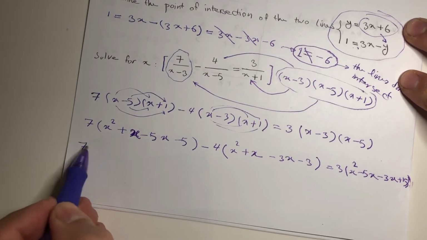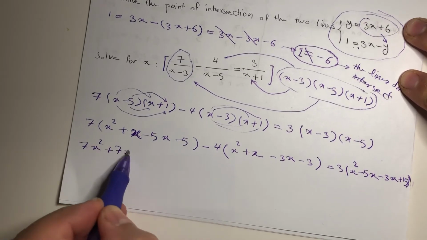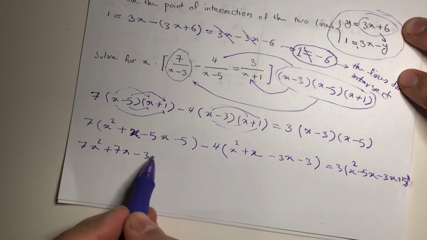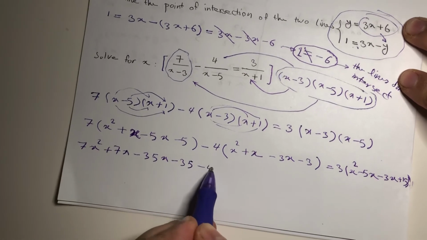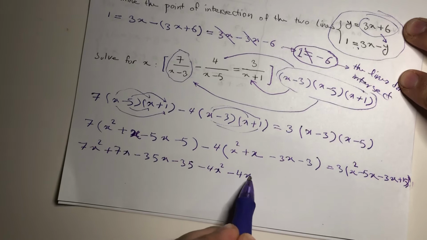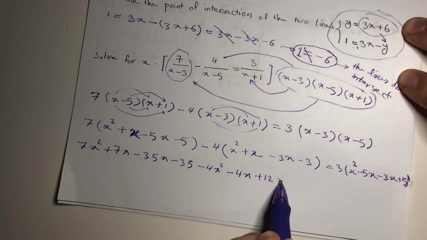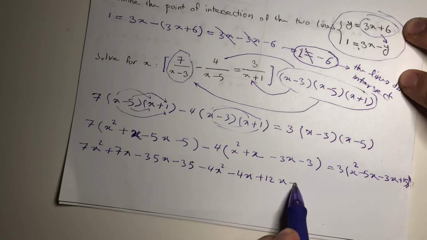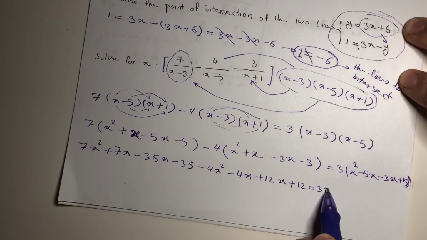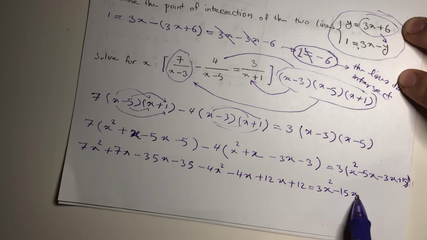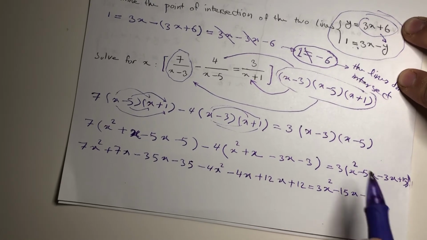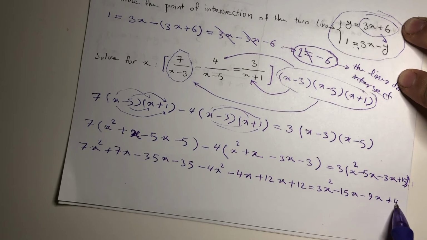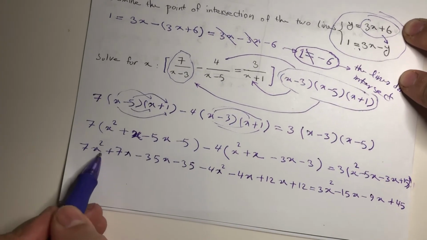So here we have 7x squared plus 7x minus 35x minus 35 minus 4x squared minus 4x plus 12x plus 12 equals 3x squared minus 15x minus 9x plus 45. Now we simplify this.